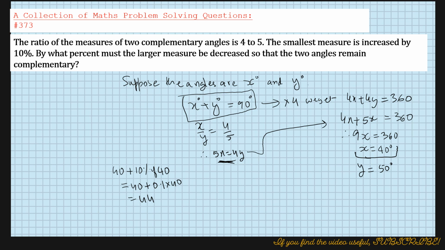So this will be 44 degrees, the smallest angle. So if this is 44 degrees, the other angle would be 90 minus 44, and that is 46 degrees.